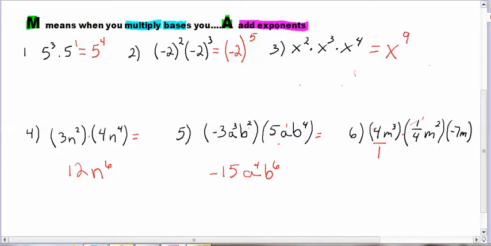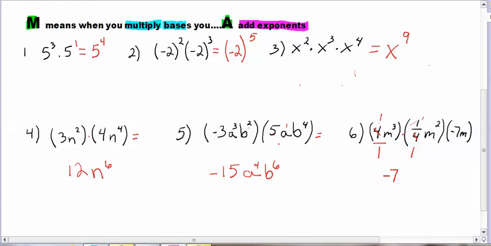Can I cross-cancel and make this a 1 and make this a 1? So I dealt with the numbers. I was able to cross-cancel my fraction, because I don't like fractions. If I can get rid of them, I should. And since it was multiplication, I can do some cross-canceling. So 1 over 1 times 1 over 1 is 1. 1 times negative 7 is negative 7.